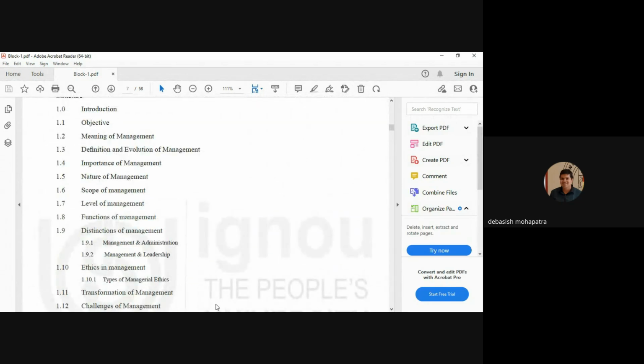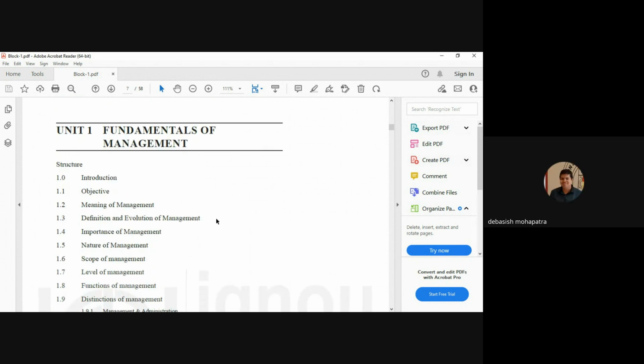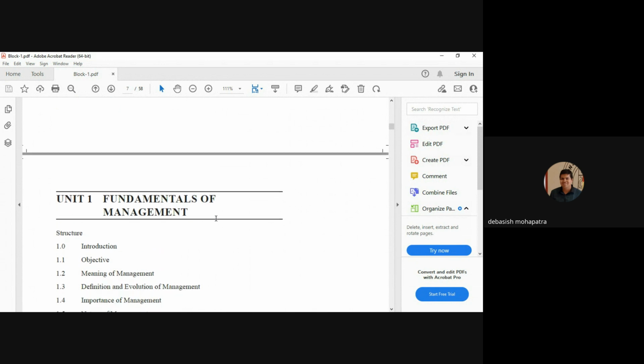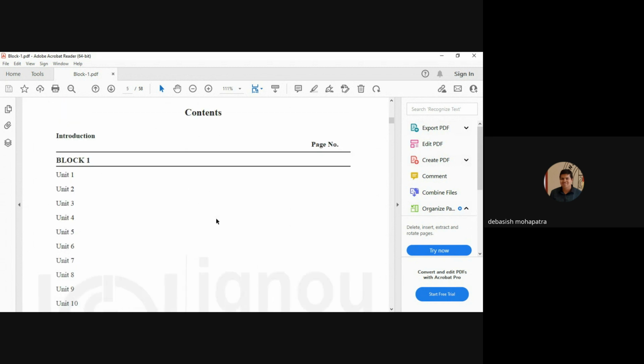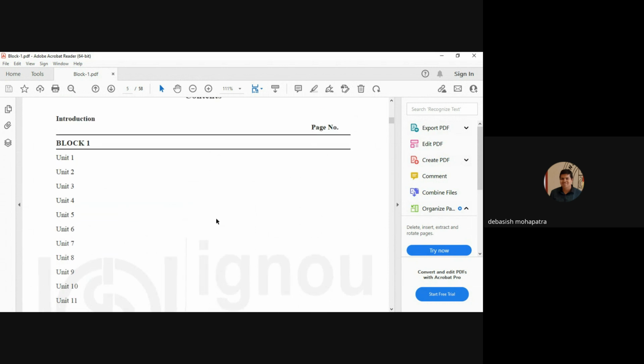Okay, so today we'll be learning about fundamentals of management. So introduction, objectives. The first unit contains all these things. Here this block has 14 units, which we'll be covering today.